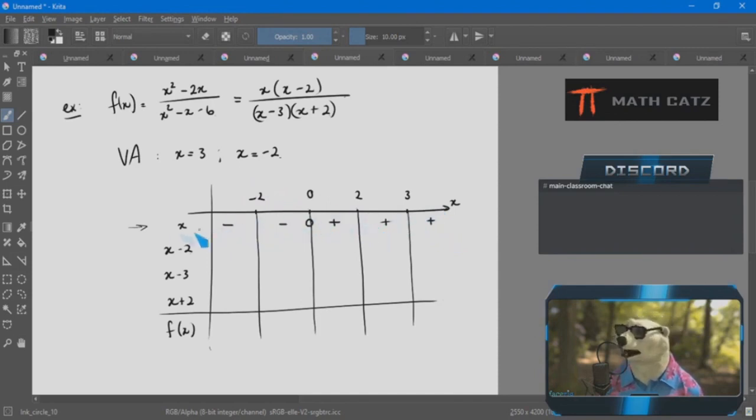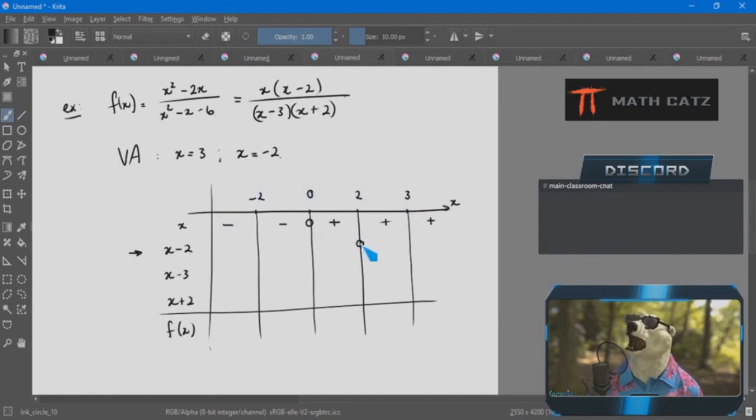In each of the intervals, this piece, which is a very simple x, is of course going to be positive or negative, depending on the value. Maybe the next one's a little more interesting. The next one is x minus 2. It's going to be 0 when x is right on this line at 2. Anywhere else, it's either positive or negative.